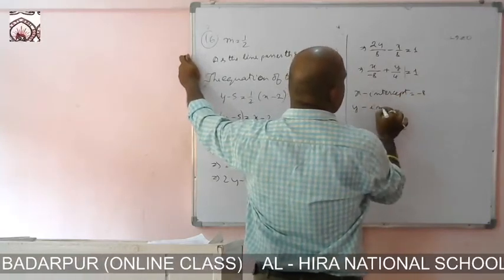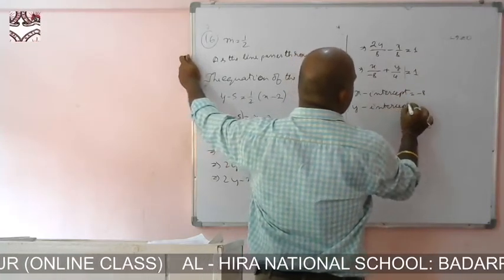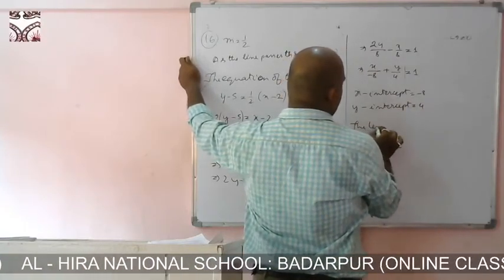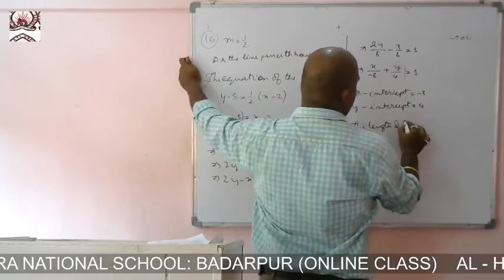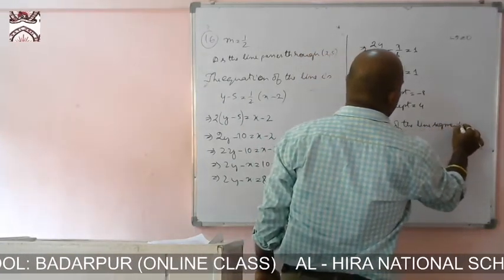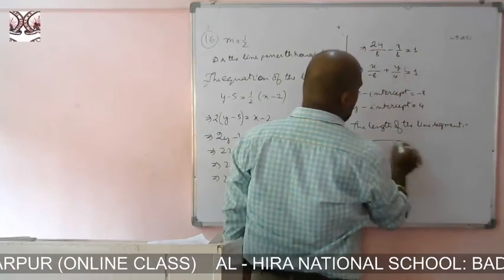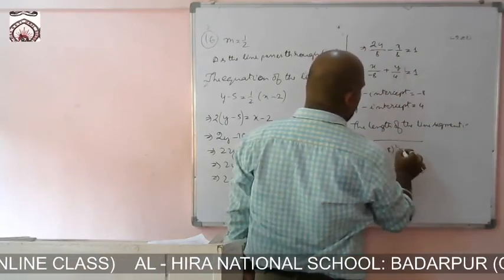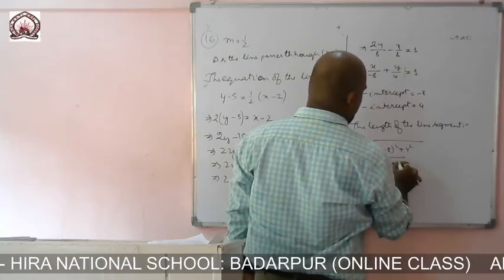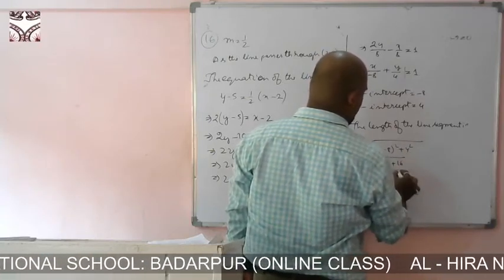The y intercept is equal to 4. Then the length of the line segment is root over of minus 8 square plus 4 square, equal to 64 plus 16, root over of 80.